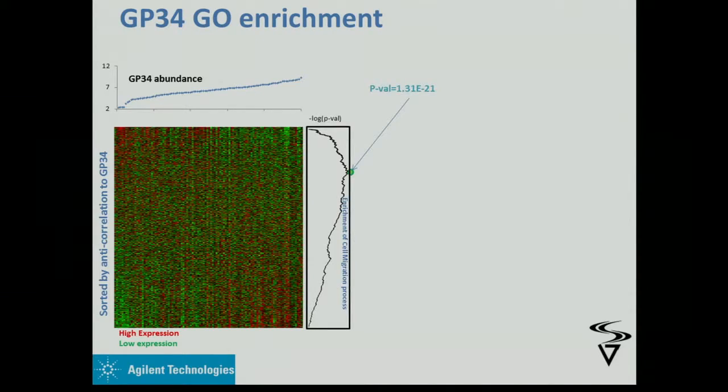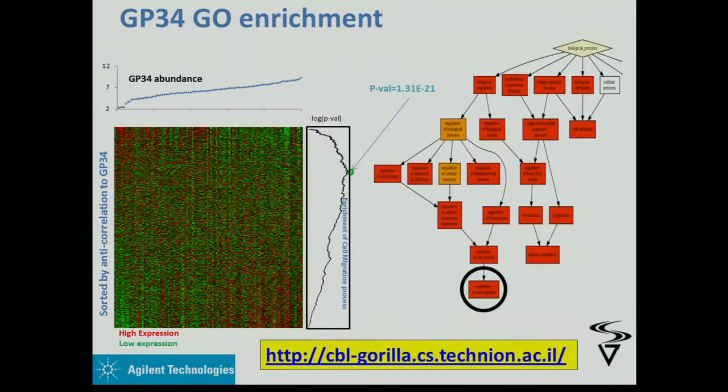I'm going to rank all the genes according to anti-correlation to GP34, and I'm going to do this MAG trick again, finding an enrichment of, so for the mRNA, I do have annotation. I know more about mRNA than I know about these glycans.